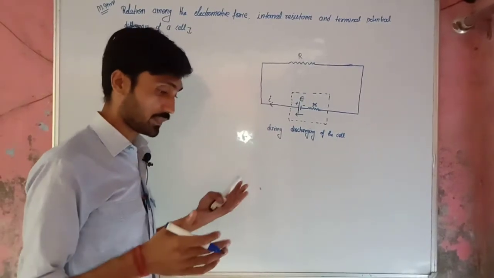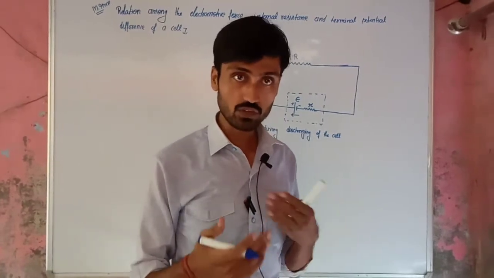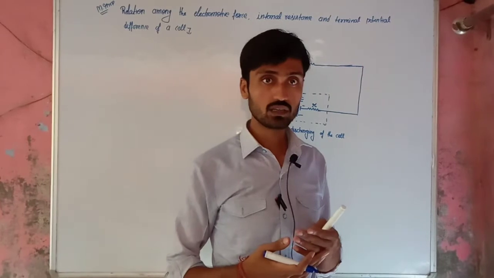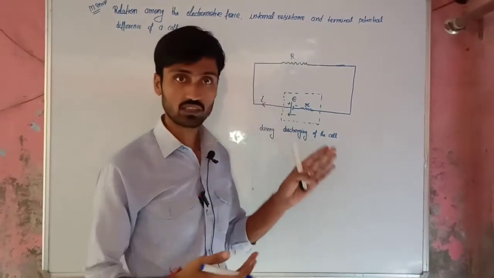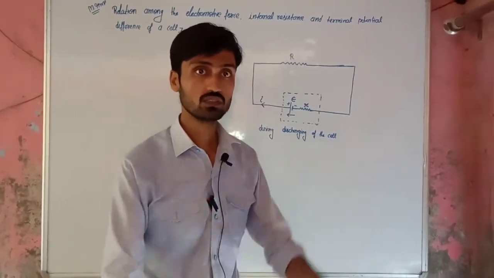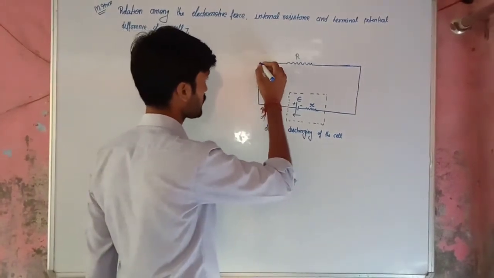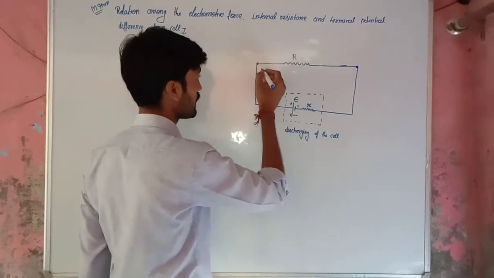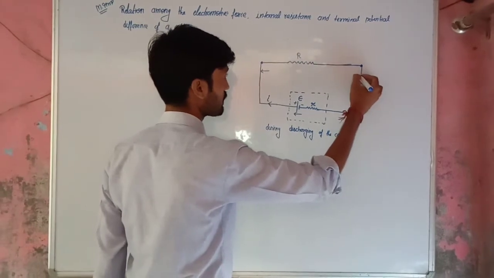In circuits we always use the cell to flow current in the circuit, that is, the cell will be discharging.